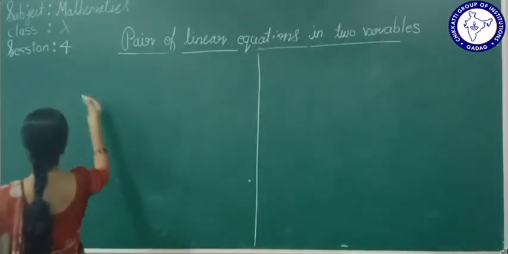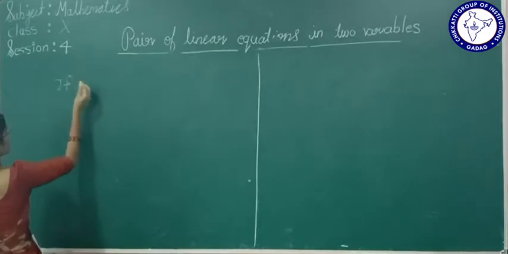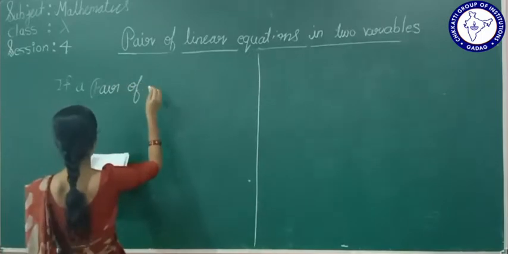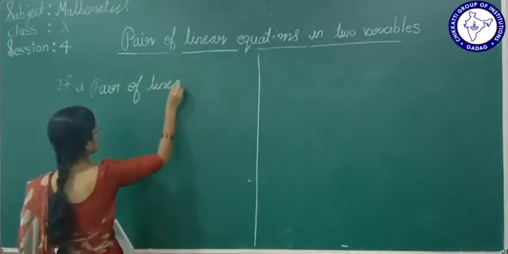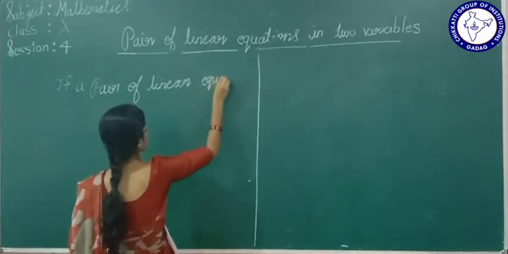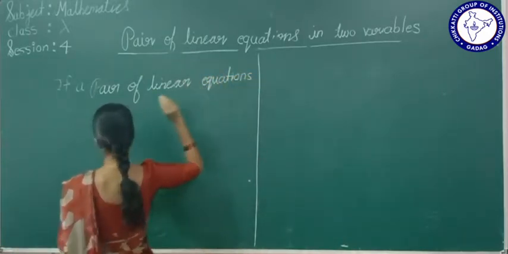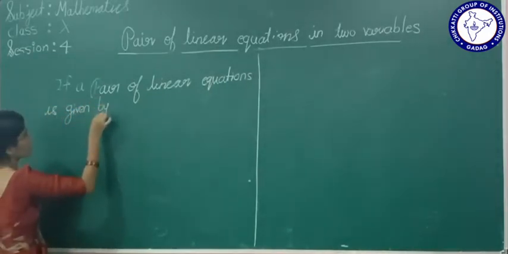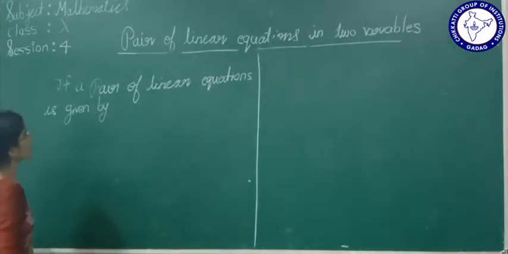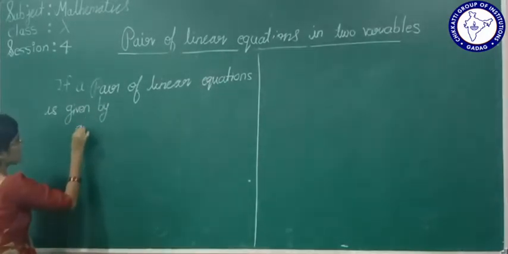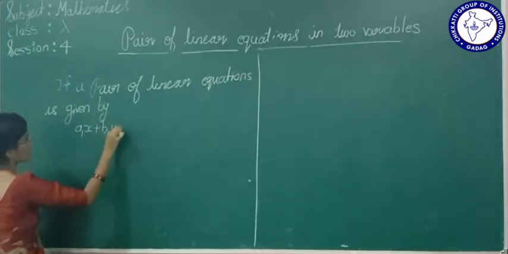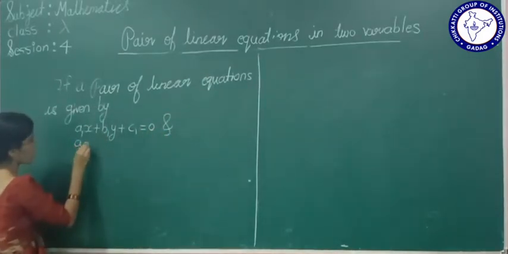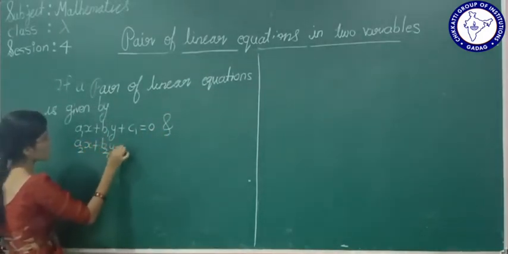So for that, see, if a pair of linear equations is given by, you know the standard form, a1x plus b1y plus c1 is equal to 0 and a2x plus b2y plus c2 is equal to 0.